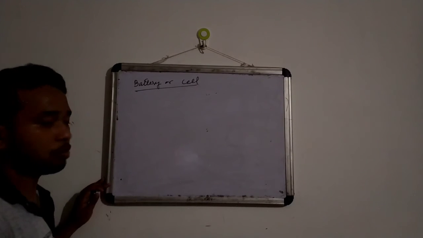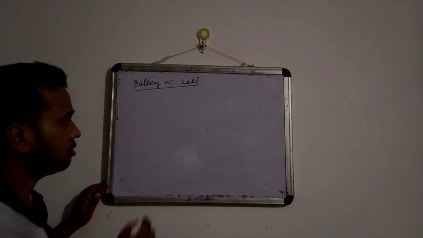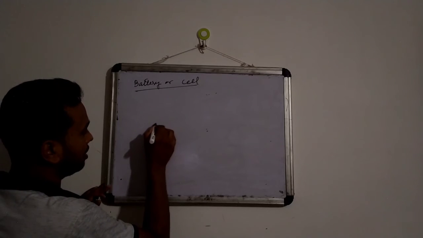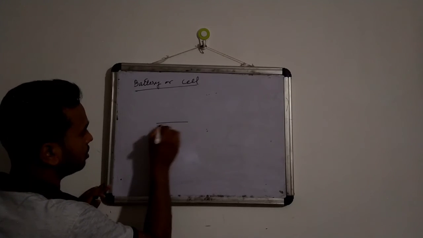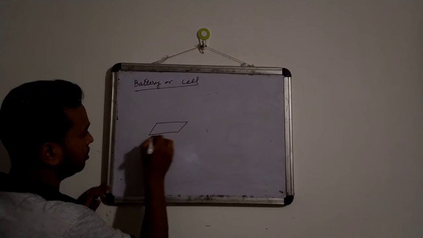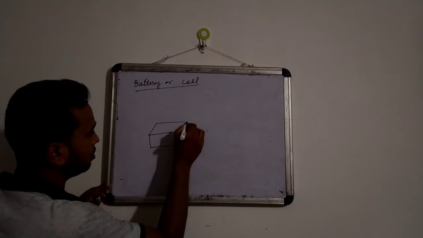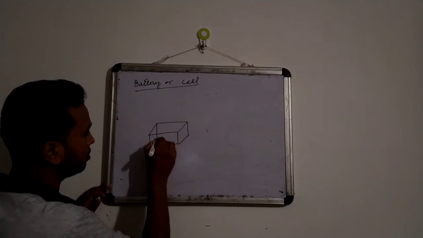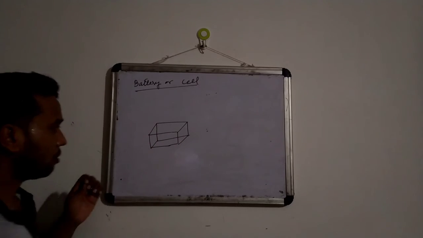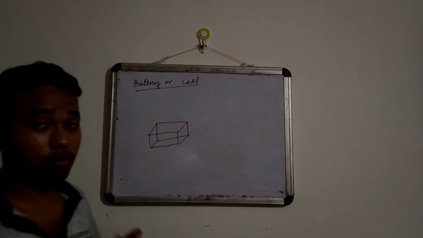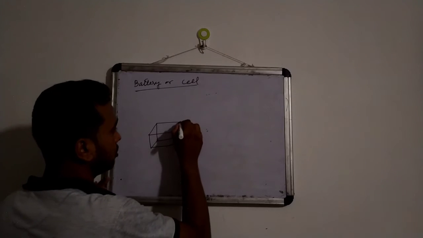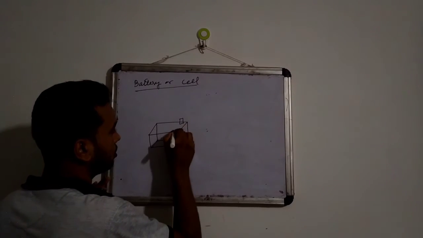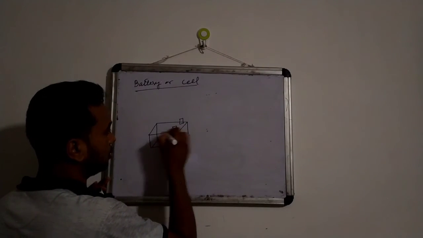So there are various types of battery or cell available. So let's take an example. In some battery or cell, the positive and negative terminals remain on one side. There is one terminal and there is another terminal.